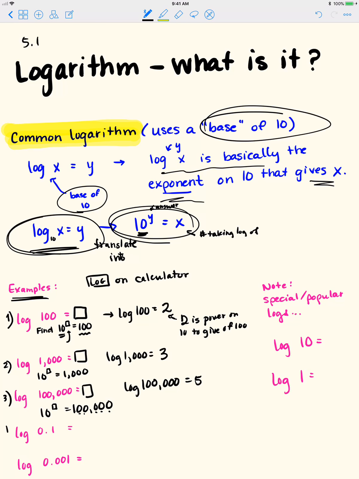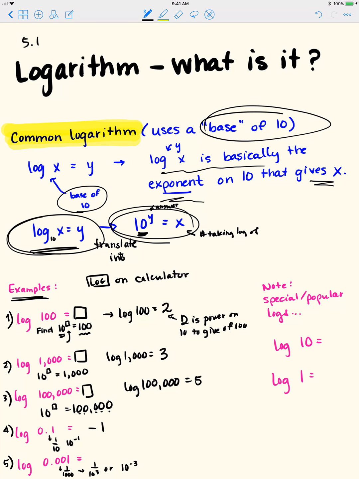It applies to even decimals, which are still powers of 10. They're just like 1 over 10, 1 over 100, 1 over 1,000. So like the number 0.1 is really 1/10, and that's like 10 to the negative 1. So if you're looking for a power of 10 that would give you a 10th, the value is negative 1. The same thing for this 5th example. That's 1,000th. So that's like 1/1000th, which would be 1 over 10 to the 3rd power, which is 10 with a negative 3 power.